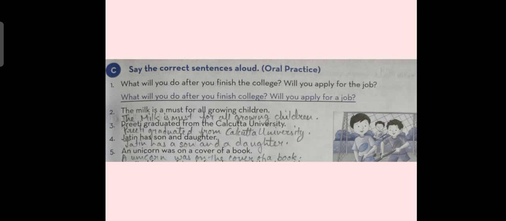According to the pronunciation of unicorn, we will use a before it because unicorn begins with the pronunciation of a consonant. A unicorn was on the cover of a book.